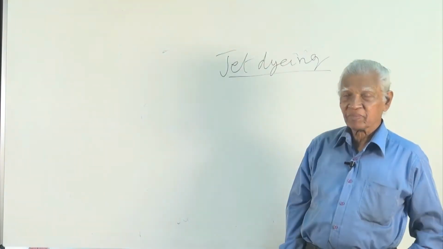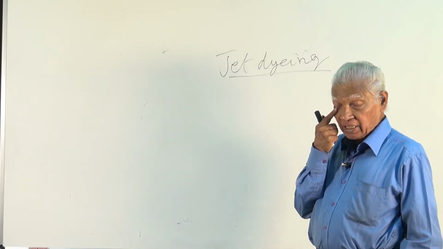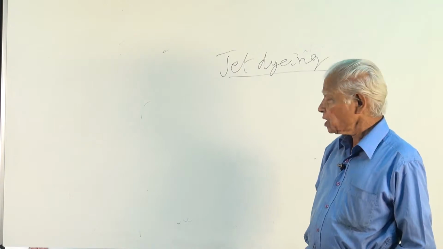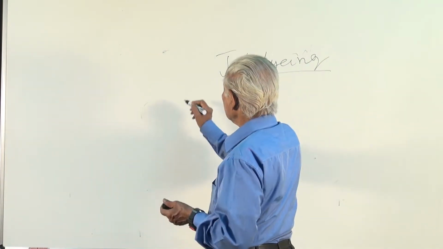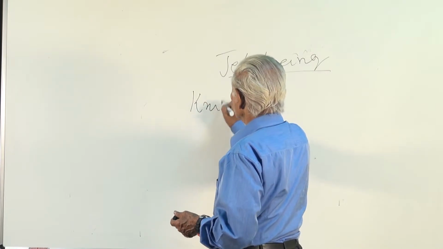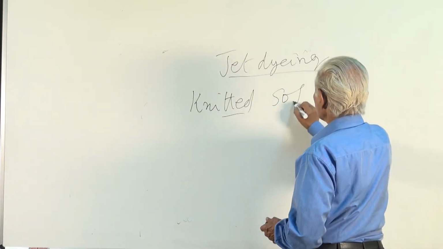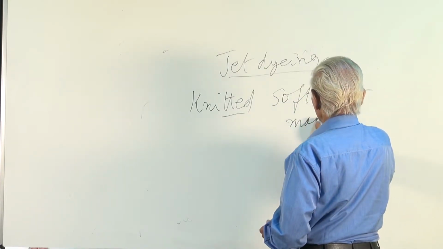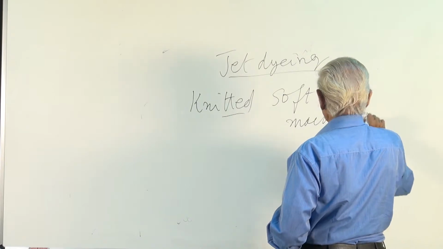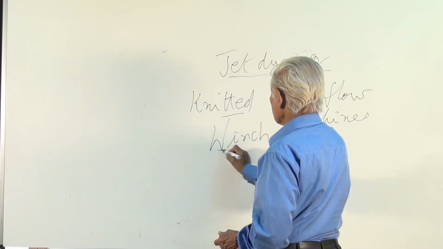We should mention something about this jet dyeing. Jet dyeing was used earlier for the dyeing of polyester textile yarn, and then later on this technology was also adapted to dyeing knitted fabrics, and the machines were called soft flow machines. Earlier the knitted fabrics were dyed using winch, which consumed a considerable amount of water.